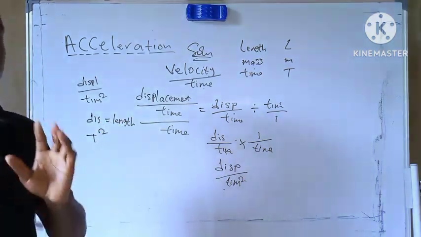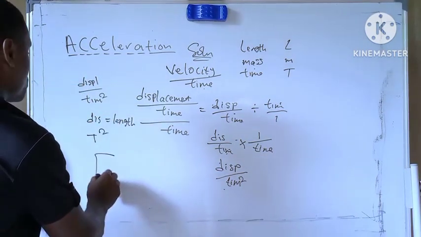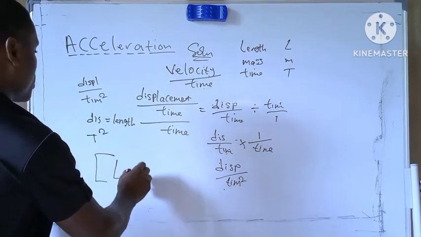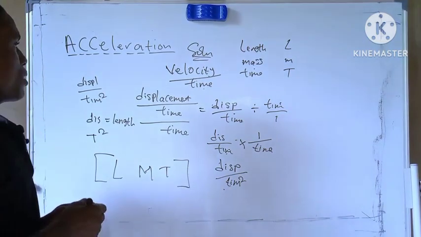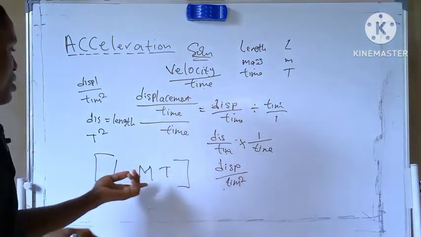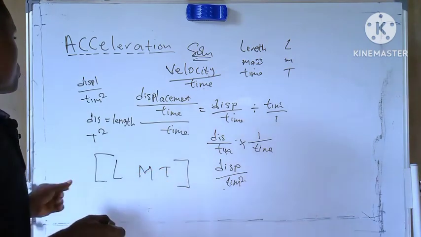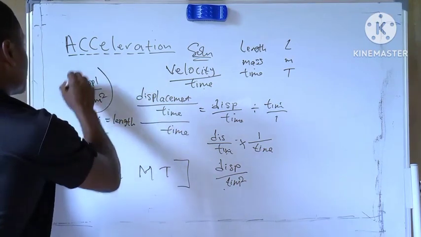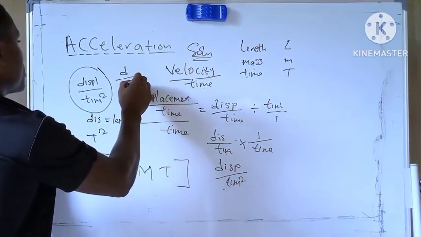So let's write the dimension of acceleration. This is what we do. Bracket open. You write the three approved quantities, which are L, M, and T. L is the symbol of length, M is the symbol of mass, and T is the symbol of time. So we have L over T square.